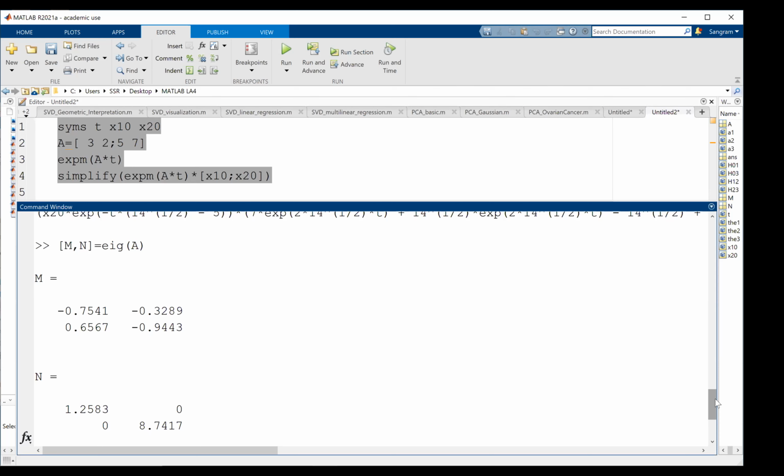So since this matrix is not symmetric, eigenvalues cannot be real. This matrix is not symmetric, and again, this is not positive definite. So that's why the eigenvalues cannot be real and positive.